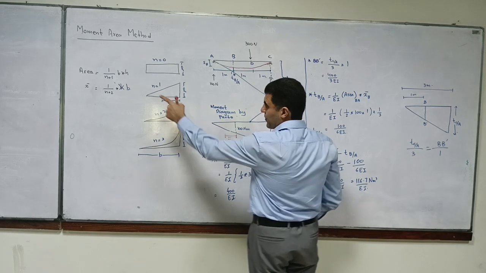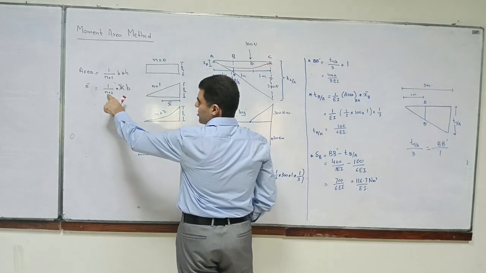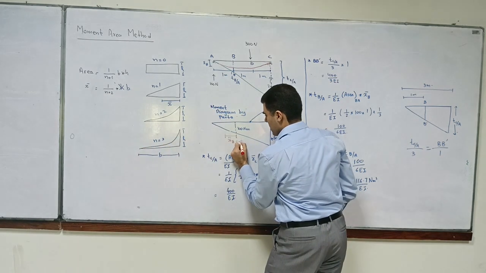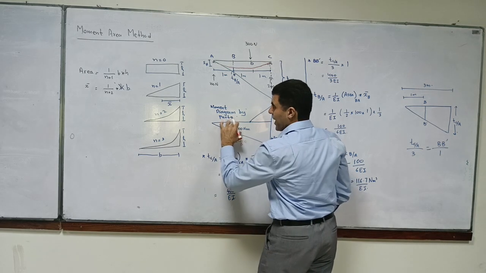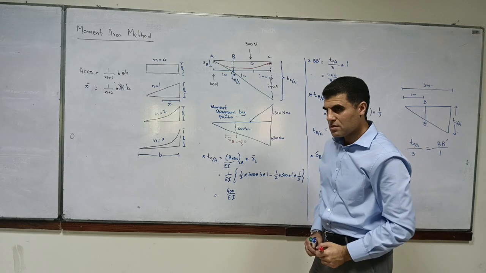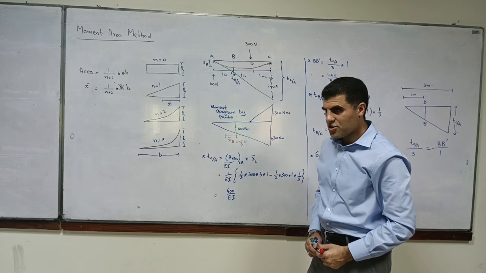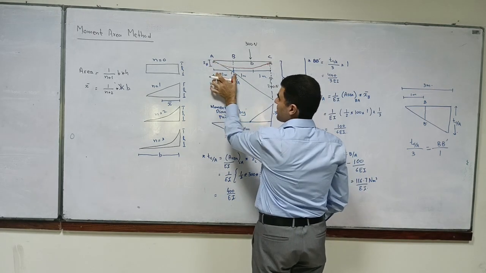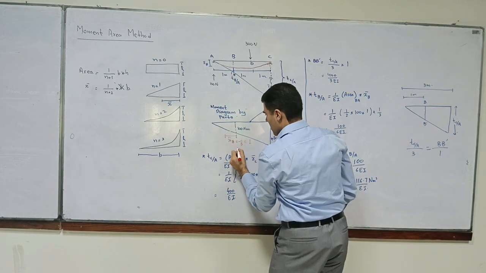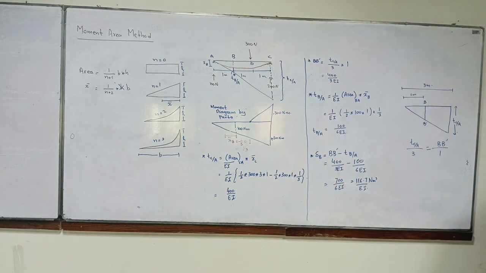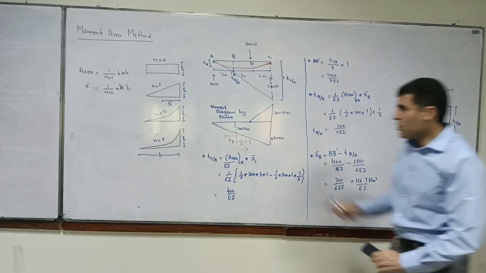XB bar is 1 by n plus 2. So n is 1, 1 by 3 into what? This is 1, isn't it? Okay. Is it okay? I'm going to rub it off.